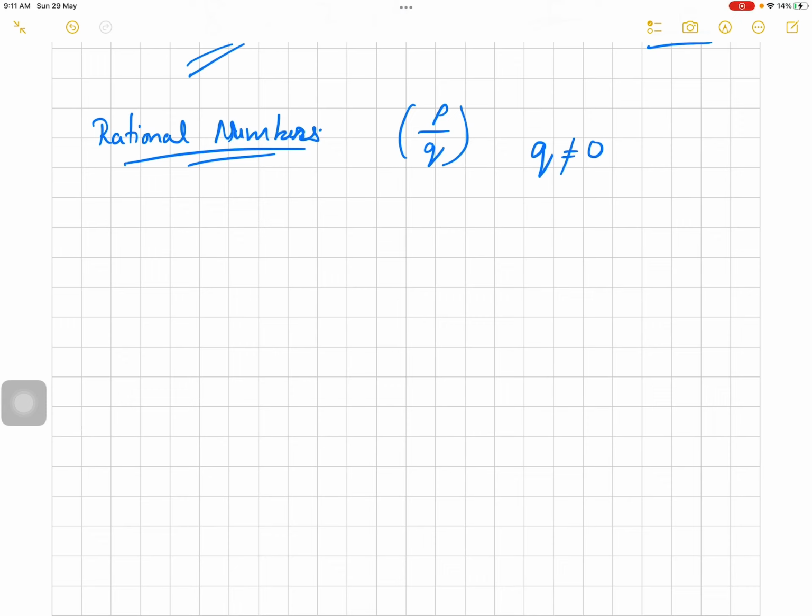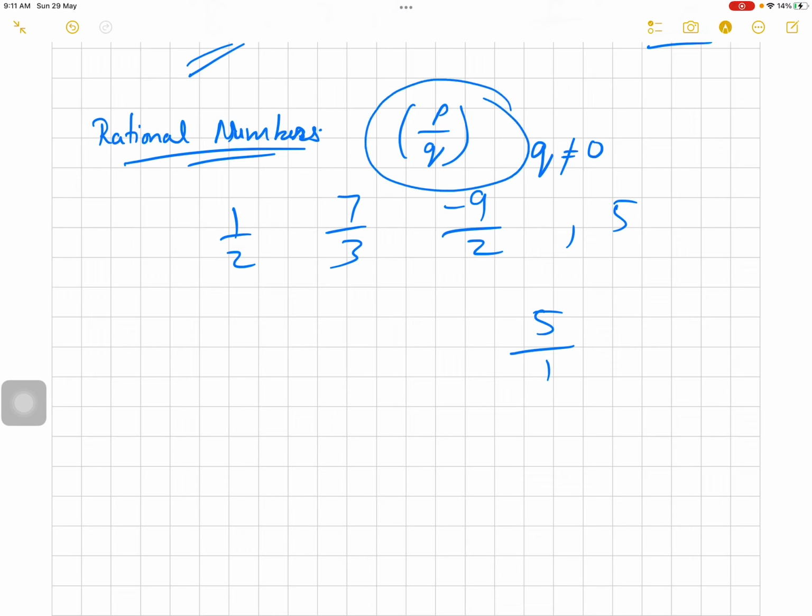For example, 1 by 2 is a rational number, 7 by 3 is a rational number, minus 9 by 2 is a rational number, 5 is a rational number because we can write it as 5 by 1, right? So if any number you can write in the form of P by Q, then it is called a rational number.